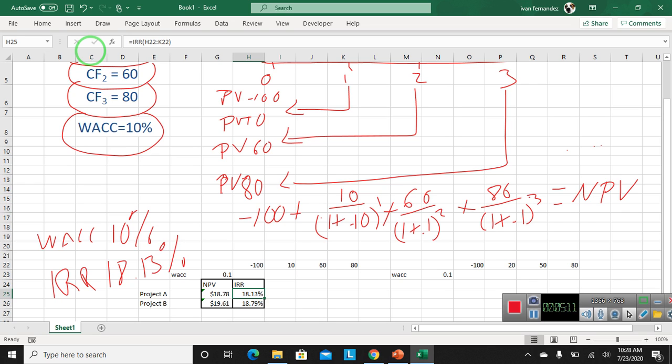That means you are borrowing at 10%. That's how much the money that you need is costing you, 10%. But this project has an IRR of 18.13.